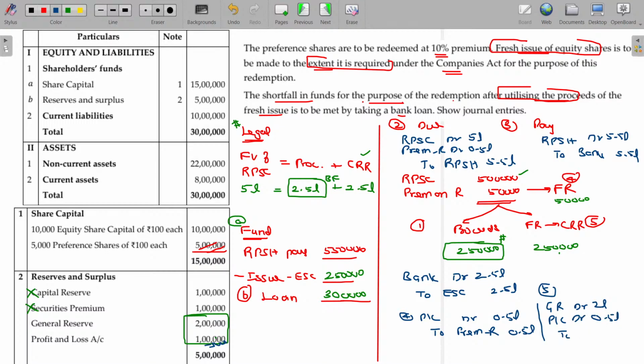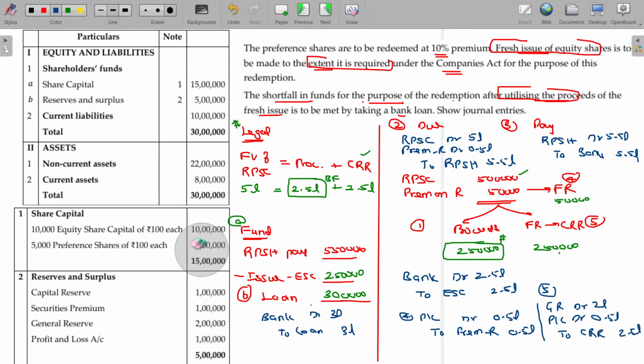This entire value is transferred to CRR, the value being 2.5 lakhs. And for the fund requirement, bank account debit to loan account. We borrowed 3 lakhs. So we passed all 6 entries here. This is one of the comprehensive illustrations.